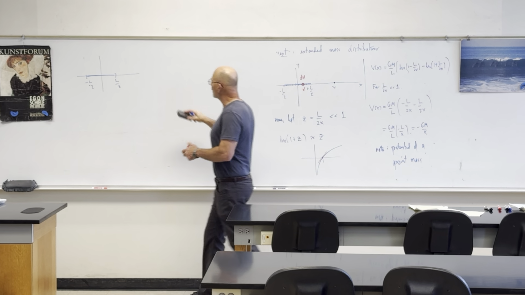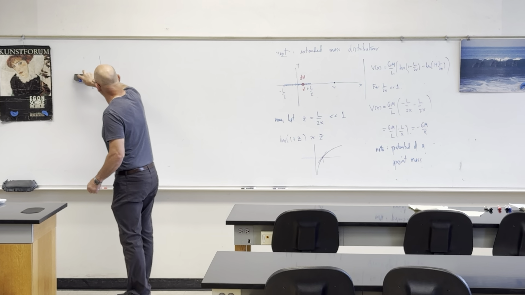If we're far enough away from it, then it behaves like a point. Looks like a point, behaves like a point. Of course, looking at it on end looks like a point anyway.